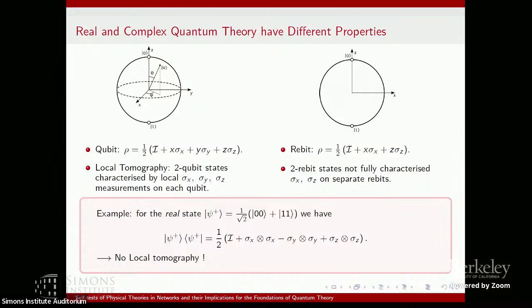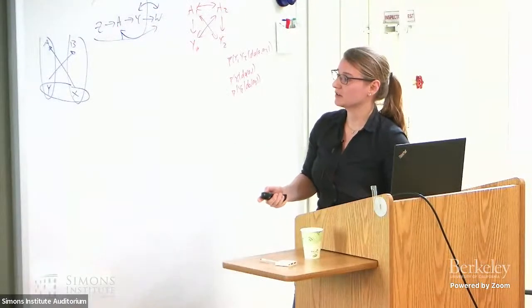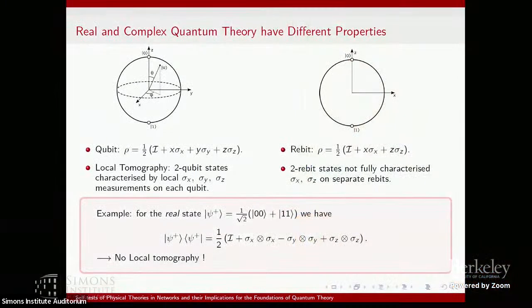And you can see that it's real here. There is nothing complex about it. But just by looking at the sigma X and sigma Z Pauli matrices, I cannot fully determine the state by looking at local parts, because the sigma y contribution is there.